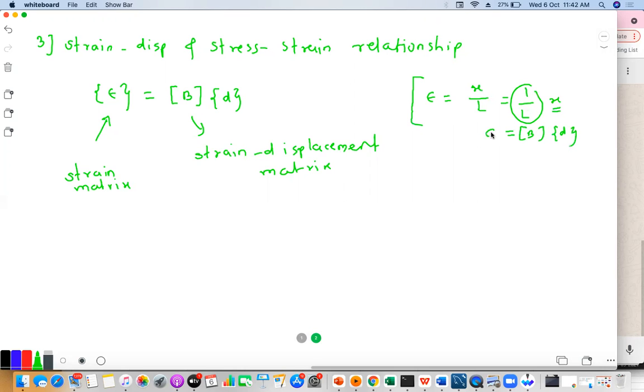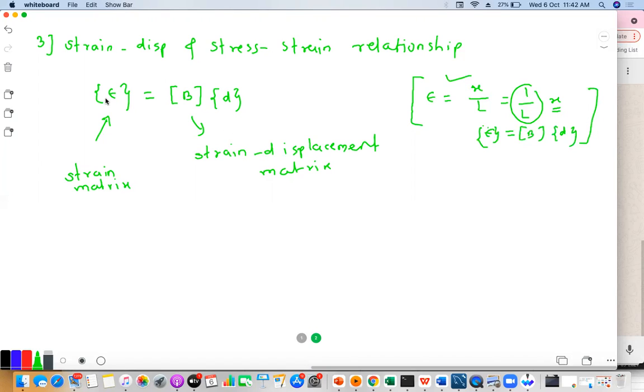This is just for a simple bar, and we can write this in matrix form. I have written it this way just for understanding. So this is the strain matrix, this is the strain displacement matrix, and this is your displacement matrix for the element.